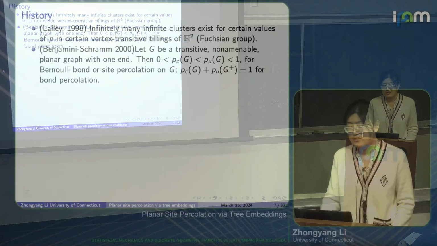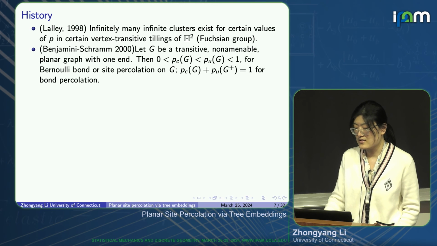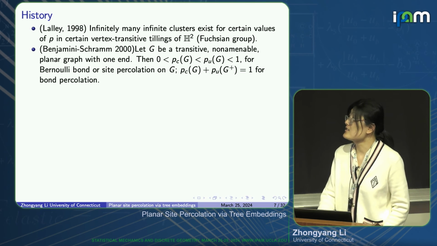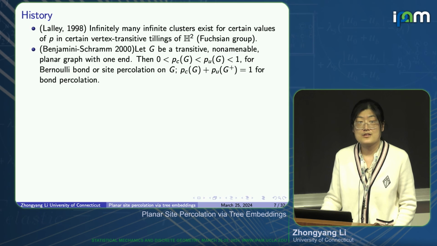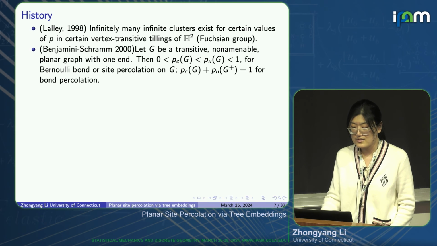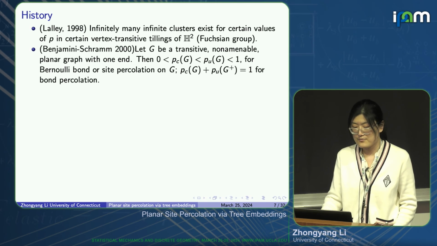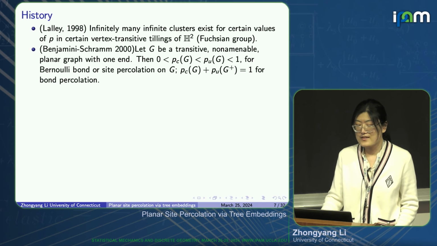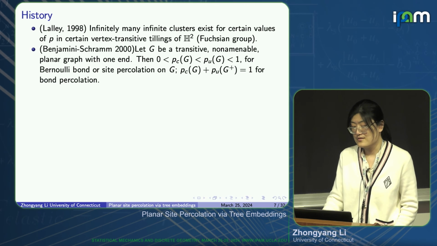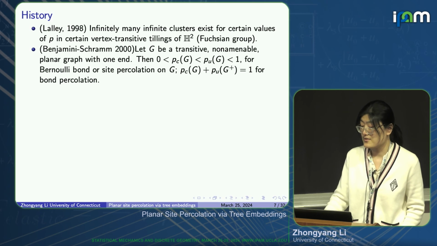Indeed, he studied site percolation on Fuchsian groups. And then in the year 2000, Benjamini and Schramm showed that if G is a transitive non-amenable planar graph with one end, then 0 is strictly less than PC, strictly less than PU, strictly less than 1. This is for both bond and site percolation.